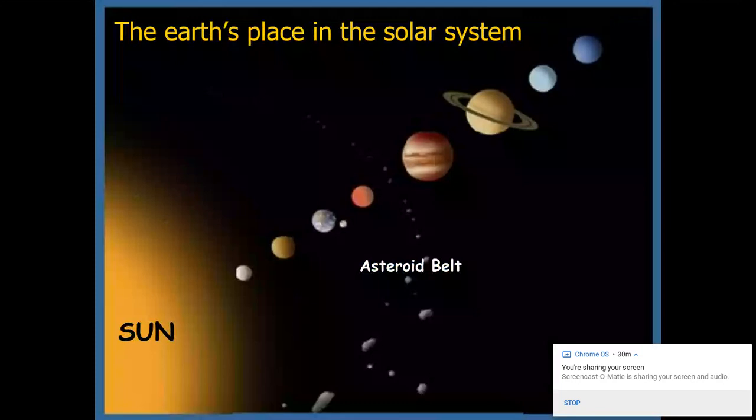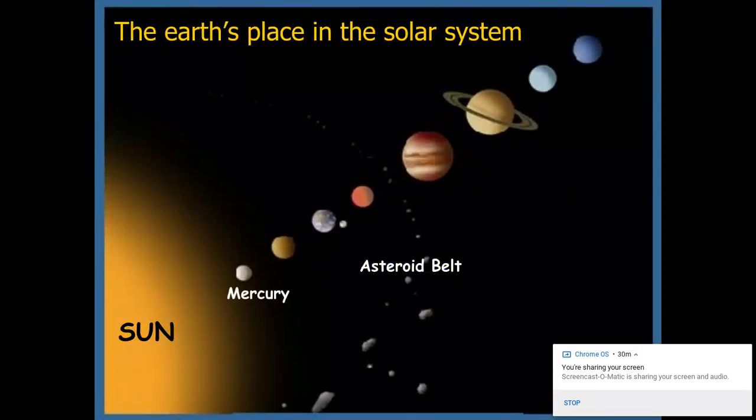So if there's anything you learn from this college level science class, certainly learn the planets in your solar system in order. So let's go through that here. The first planet from the sun would be Mercury, and then there would be Venus, and there's Earth, Mars, Jupiter, and then Saturn.